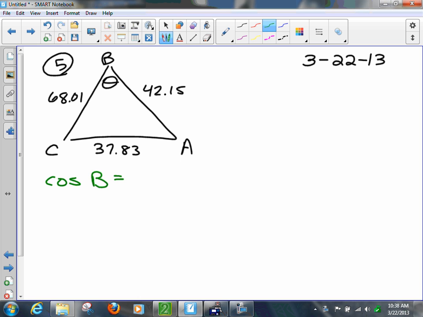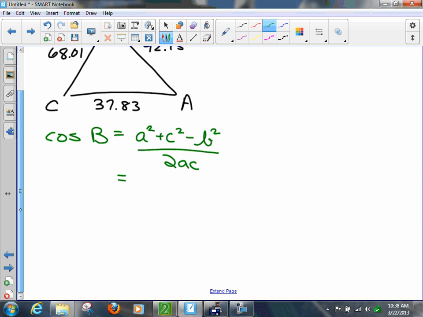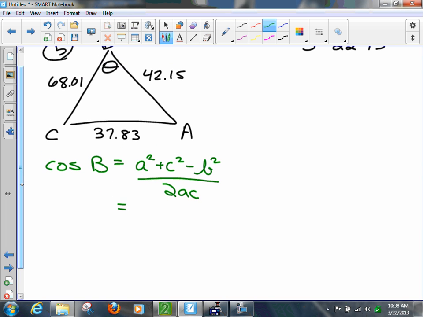I'm going to write that formula, a squared plus c squared minus b squared over 2ac. All right? Now, look at your sides.